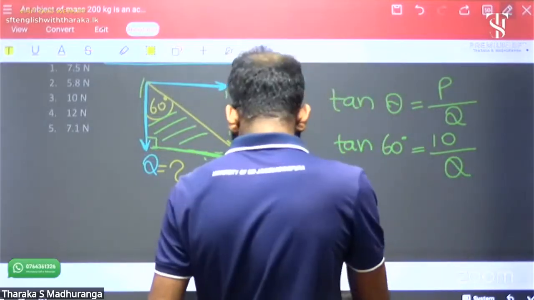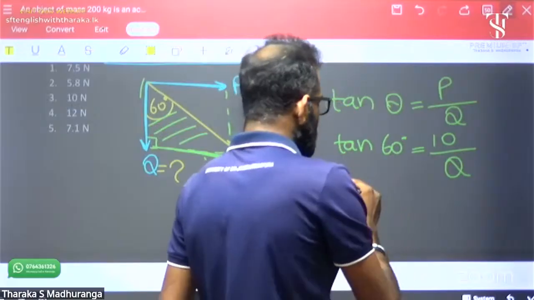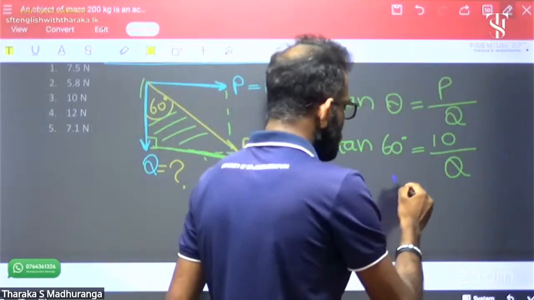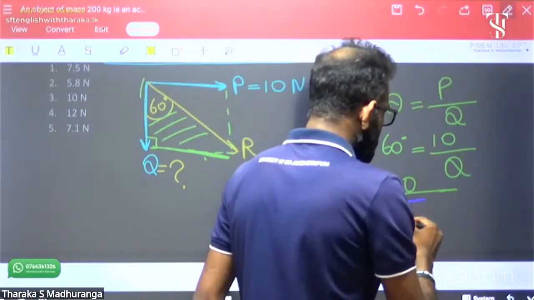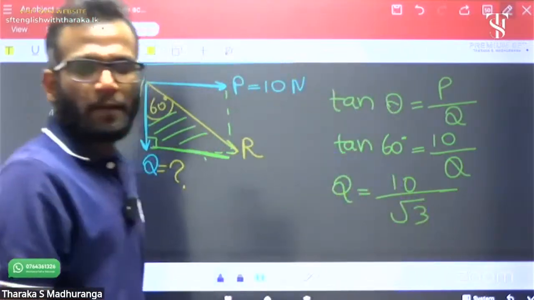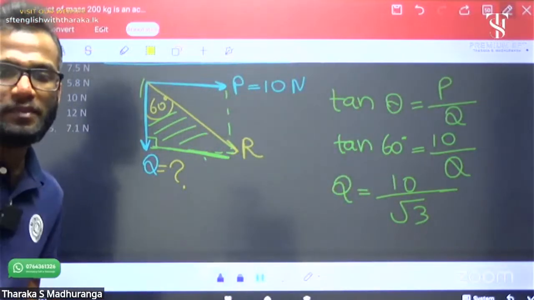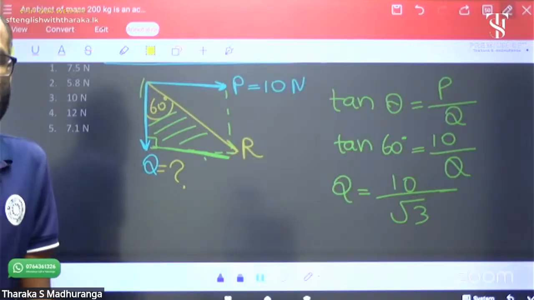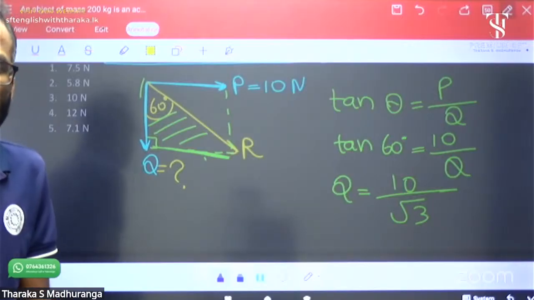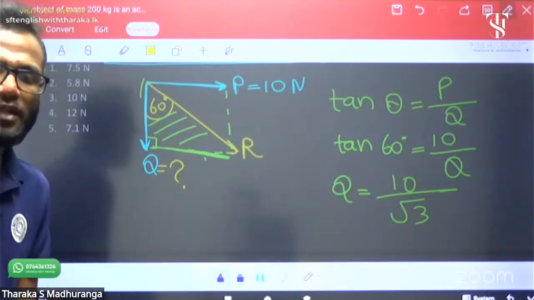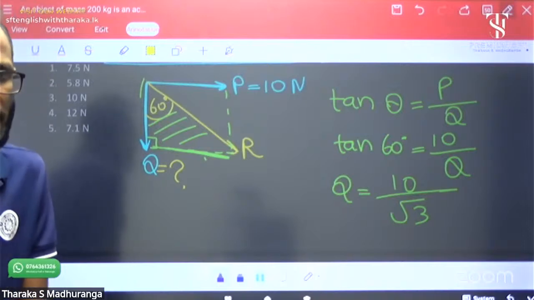I want to isolate Q. Q equals 10 over tan 60, root 3. Cross multiplication. 10 over root 3. Okay, use calculators and send your answers.